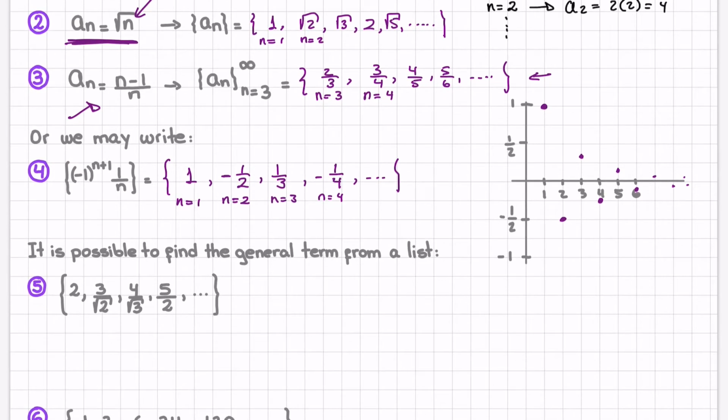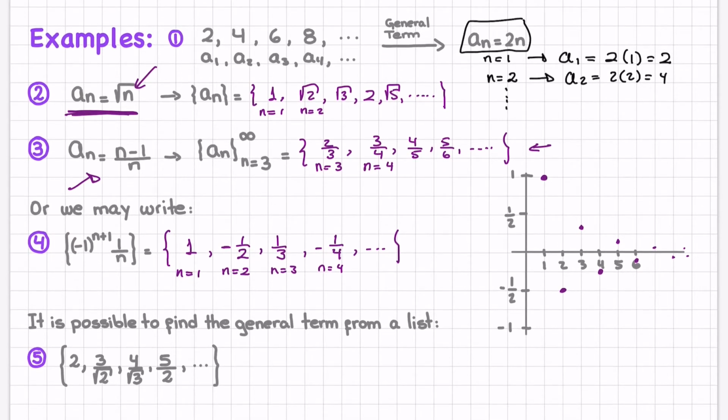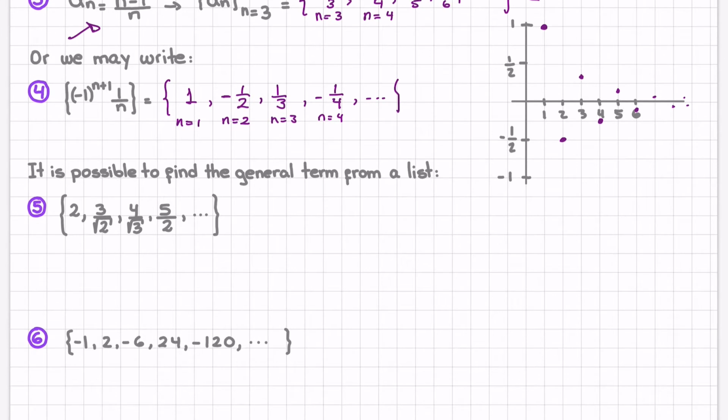Now the question is, as I was saying before, you can go from the list to the general term or from the general term to the list. All these examples here went from the general term and then we listed them. Now we're going to analyze how to go from a list to a general term. So what we're looking for here is what in the world is a_n?